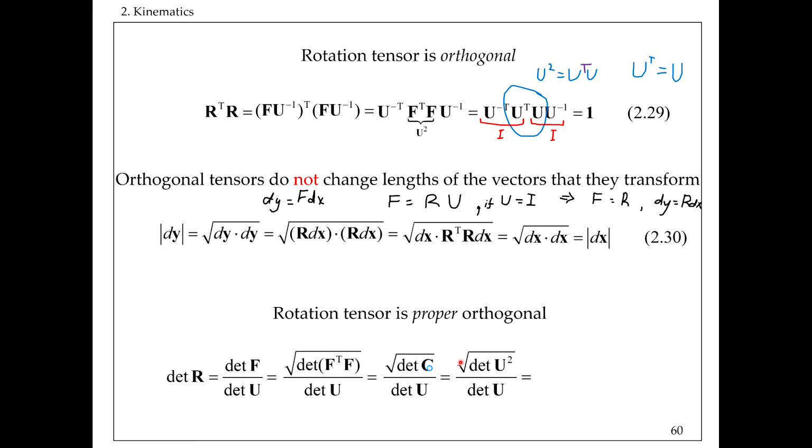So we have the square root of determinant of U squared divided by determinant of U. Very similar to what we did with F, we can remove the square sign, so that will be det U divided by det U, and we arrive at the determinant of the rotation tensor being 1, meaning that R is a proper orthogonal tensor.